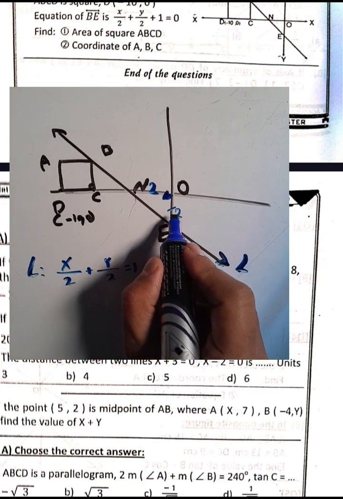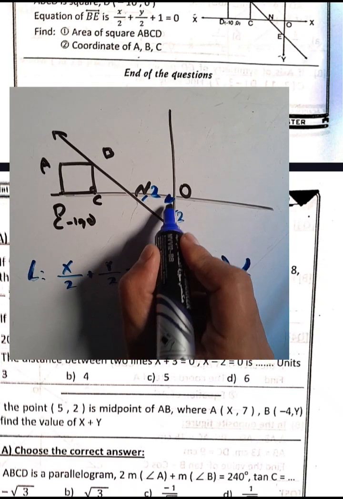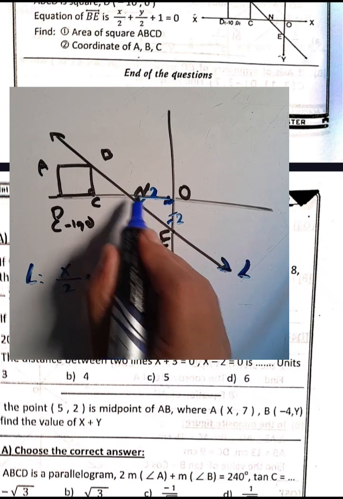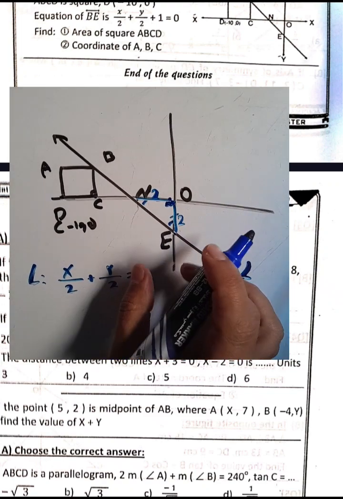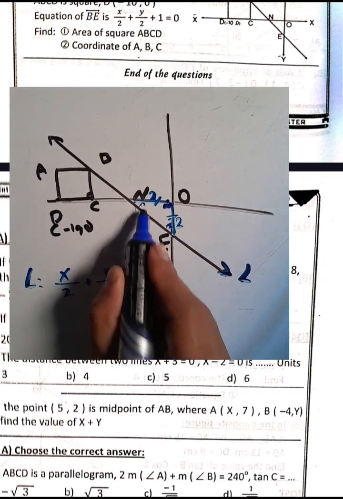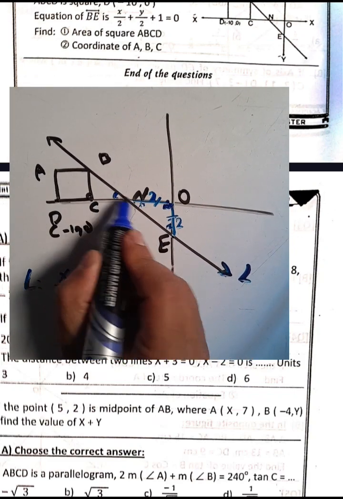Then this is a right angle triangle with legs 2 and 2, and this part equals this part. It means it will be an isosceles triangle. This angle is 45, and this angle will also be 45.